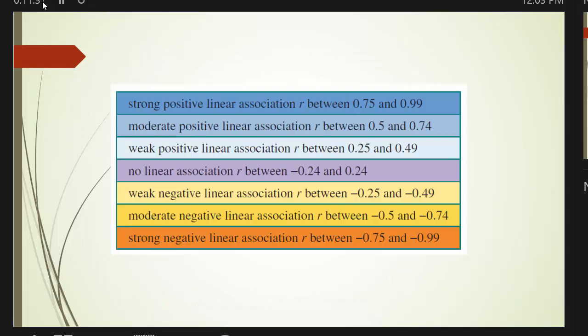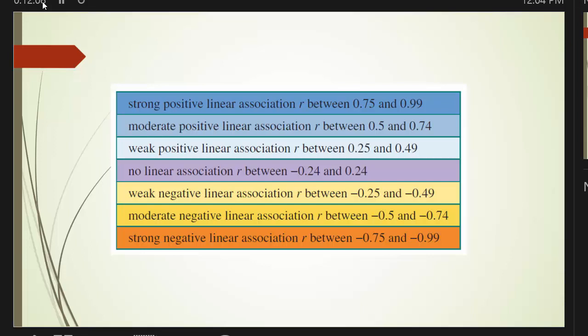Look at the number you've got for R and decide where it fits on this table here, because this is turning the number back into words. So if you've got a value of 0.9, that is strong positive. If you've got a value of -0.2, negative 0.2, there's no association at all. So this is interpreting the number in words, more precisely.